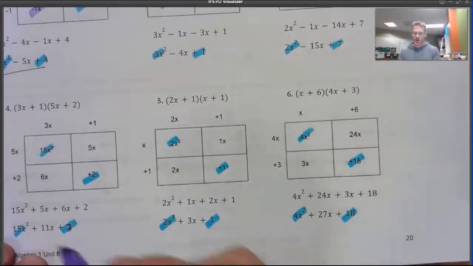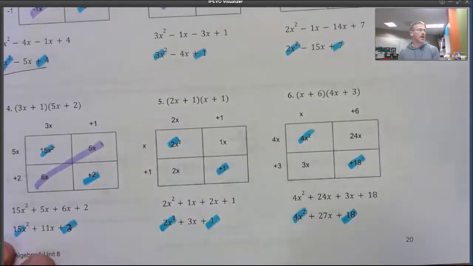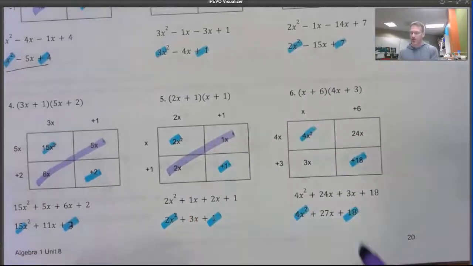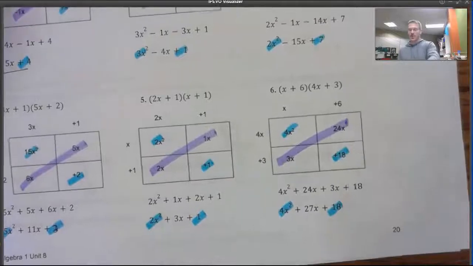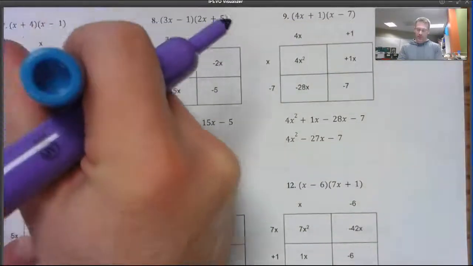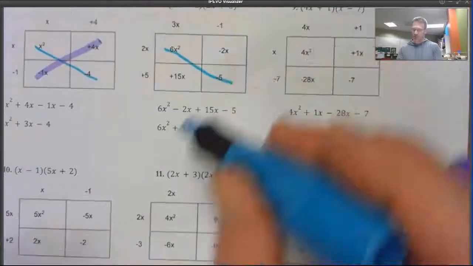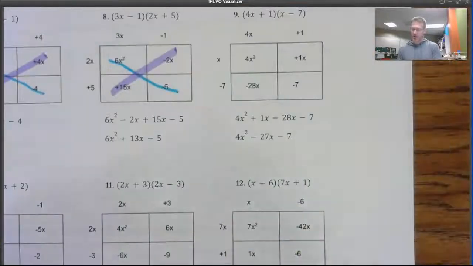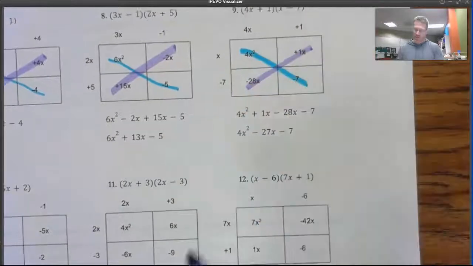15x squared times 2 is 30x squared. 6x times 5x is 30x squared. 2x squared times 1, 2x squared. 2x times 1, 2x squared. That would be 72x squared, 72x squared. And if we go over here, you can see that when we multiply these guys, we get -4x squared, -4x squared. -30x squared, -30x squared, -28x squared, -28x squared, right?